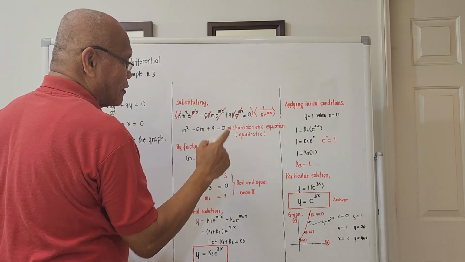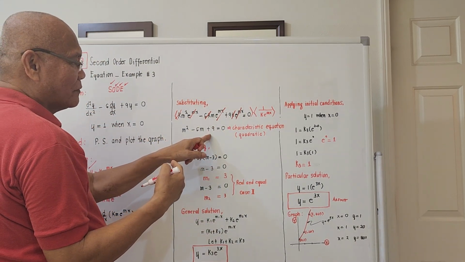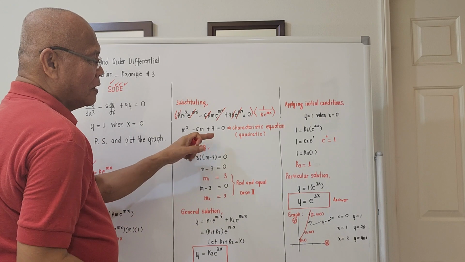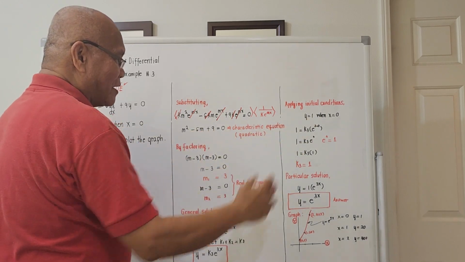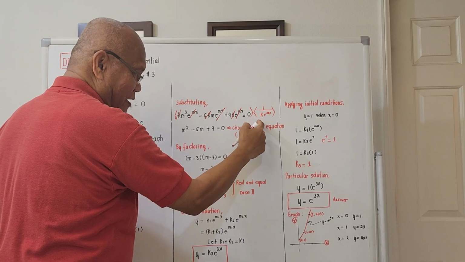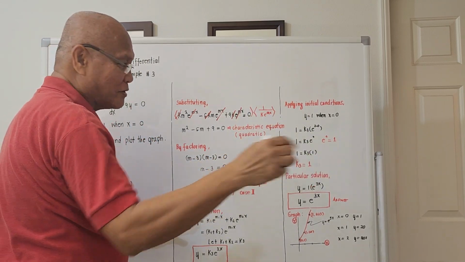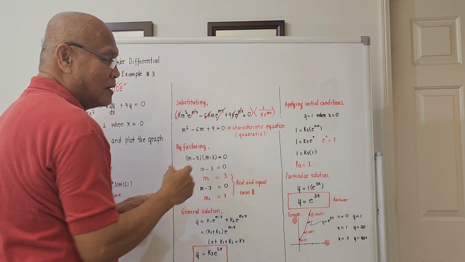So what comes out on the third part of the left hand side will be plus 9, and this should be equal to, for the right hand side, 0 times 1 over the k e raised to mx. Anything multiplied by 0 will still be 0, so the right hand side is 0.